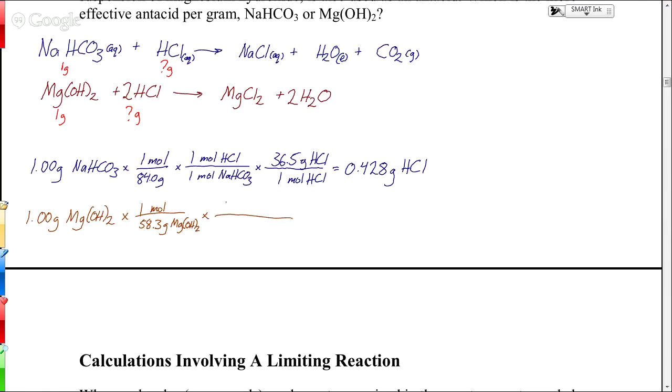And then our molar ratio is a little bit different because now we have 2 moles of HCl for every 1 mole of antacid. And then we ultimately multiply by that same mass of HCl.